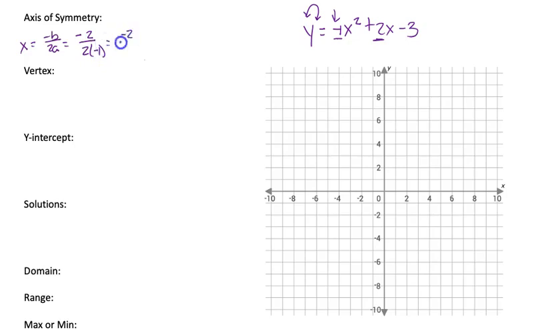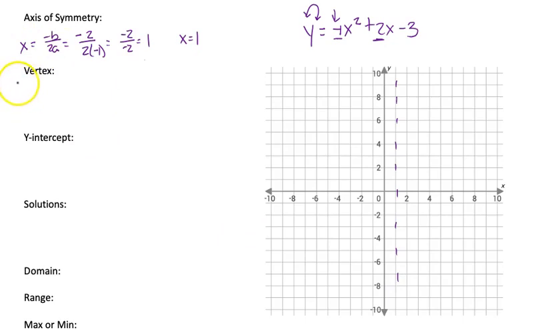So I have negative 2 over negative 2, which equals positive 1. So my axis of symmetry is x equals 1, and I'm going to show that with a little dashed line, knowing that my parabola is going to draw right around here, creating that symmetric U.